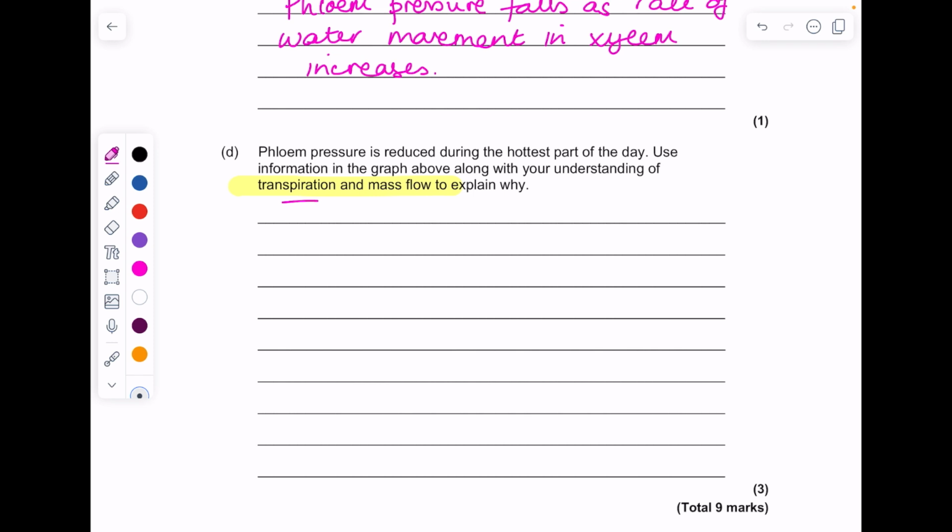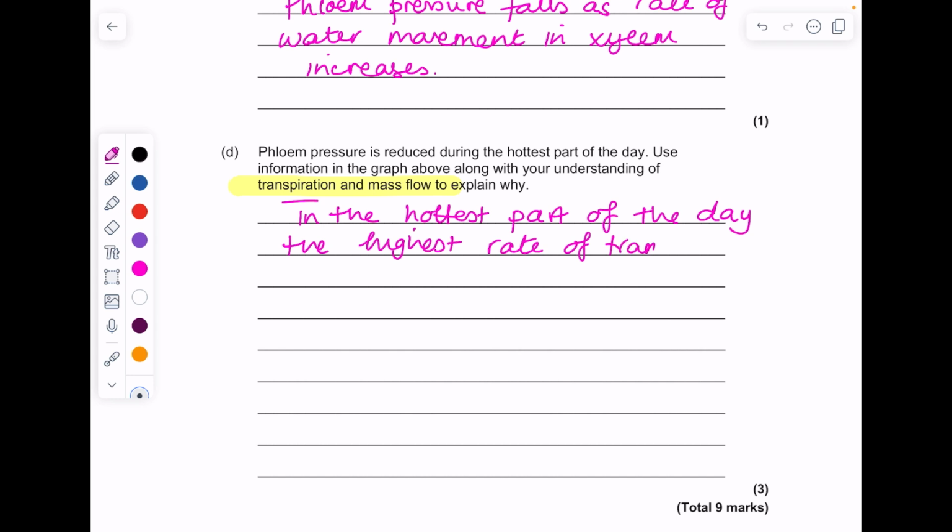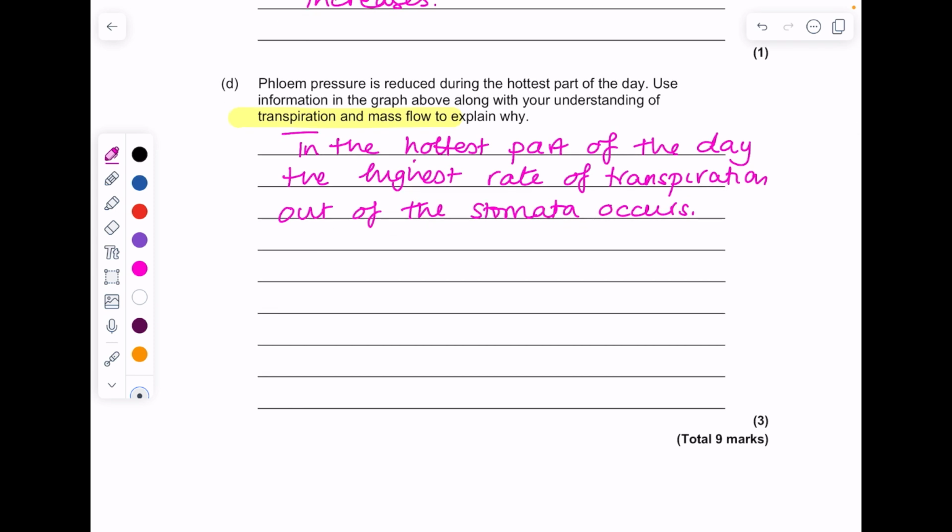So we're going to start by saying, in the hottest part of the day, the highest rate of transpiration out of the stomata occurs. Remember, this means that the tension within the xylem will be at its highest.